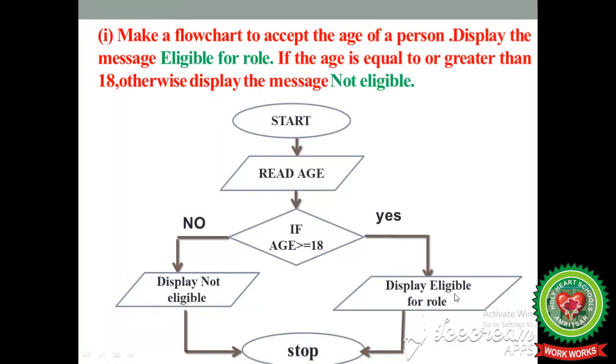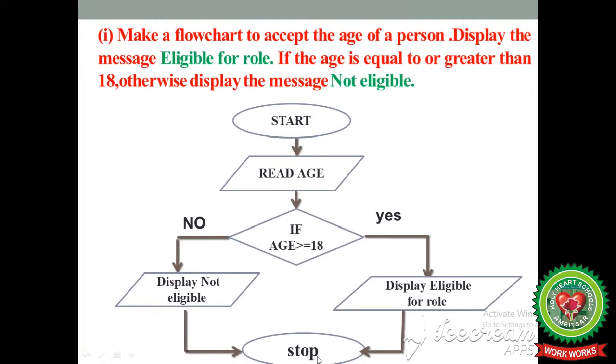On the true side we will write display eligible for vote in the input output box, and on the false side in the input output box we will write display not eligible. Then draw the flow lines on both sides, and last, draw a start stop symbol and write down stop in it because it is the ending of the flowchart.